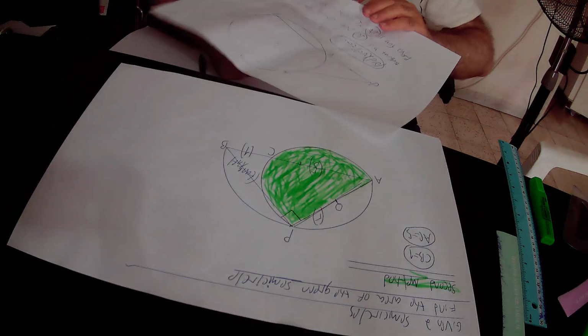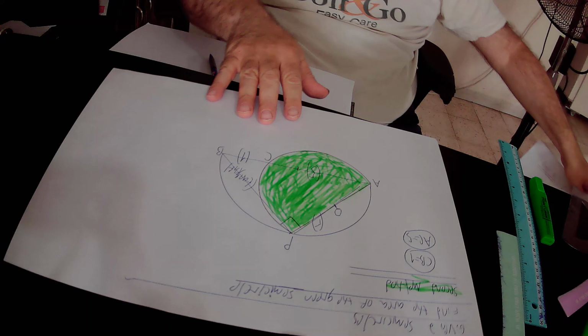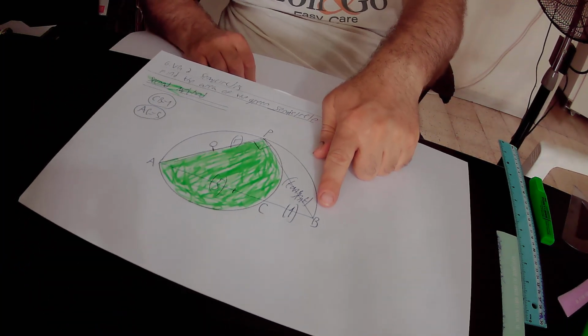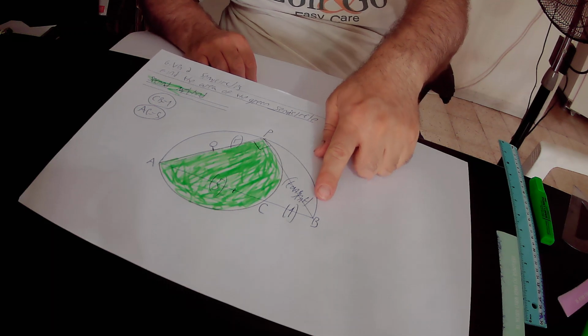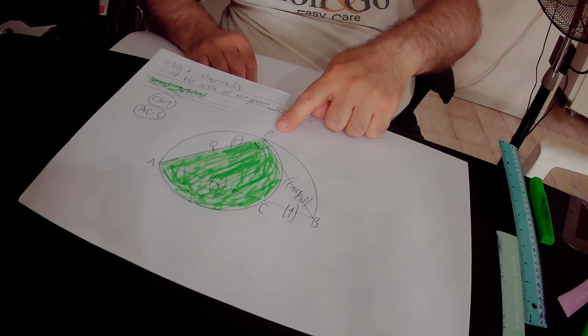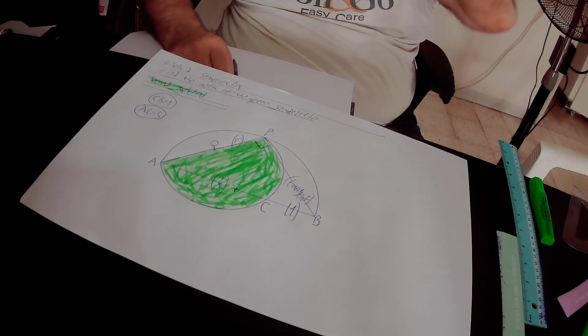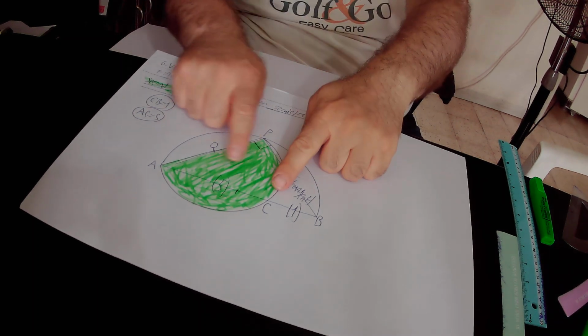Why? Because in our drawing, if you focus on this common point B, we have tangent BP, that is tangent to this green semicircle at point P, and we also have chord CA.